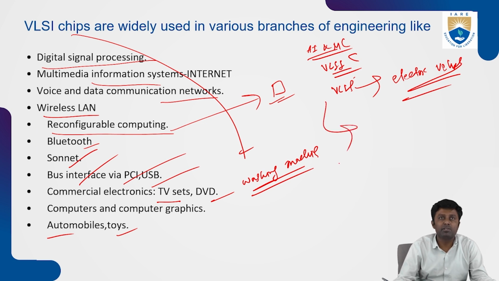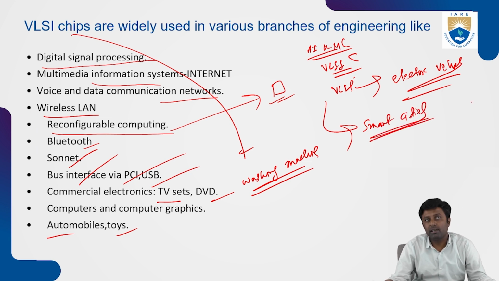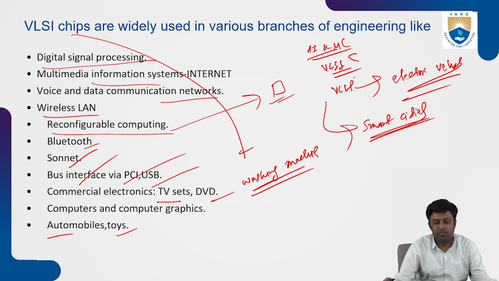VLSI ICs are also used in making smart cities. For developing smart cities, VLSI chips play a very important role. In almost all devices, we have been using VLSI ICs.